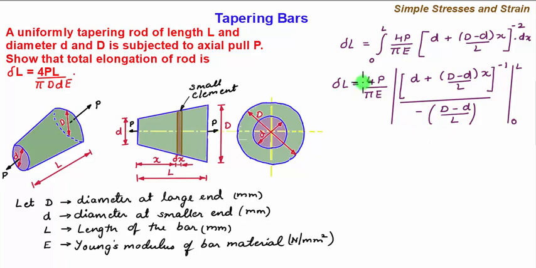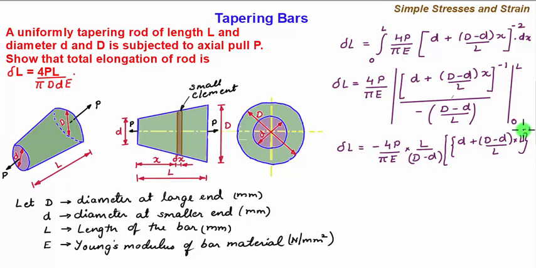Now again taking this term over here, we have delta L equal to minus of 4P upon pi E into L upon capital D minus small d into, now upon applying the limits to this term, our first term will be d plus capital D minus small d by L into L to the power minus 1 minus of d plus capital D minus small d by L into 0 to the power minus 1.